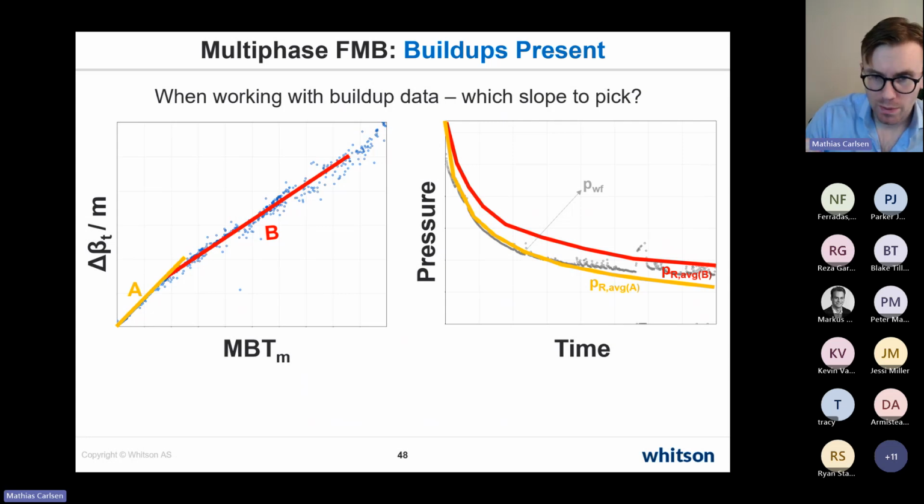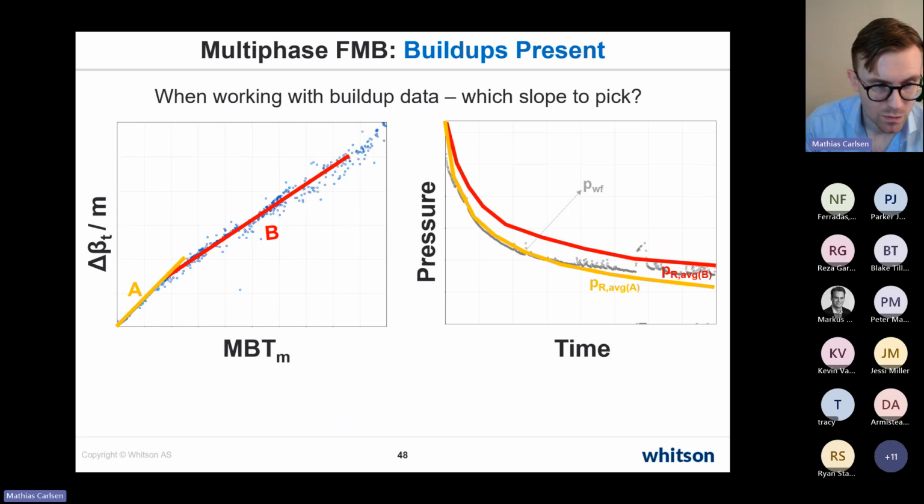But in this case, we have the buildup, and like in any well test in conventional fields, buildup information can have information that we're not able to observe just from pure boundary or drawdown data yet. Most likely, later in time, we'll start to bend over even further in the plot to the left.